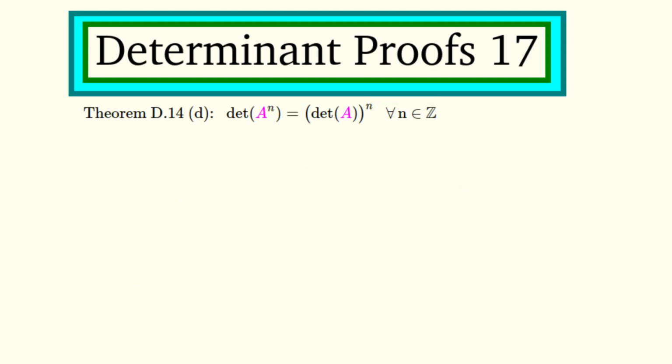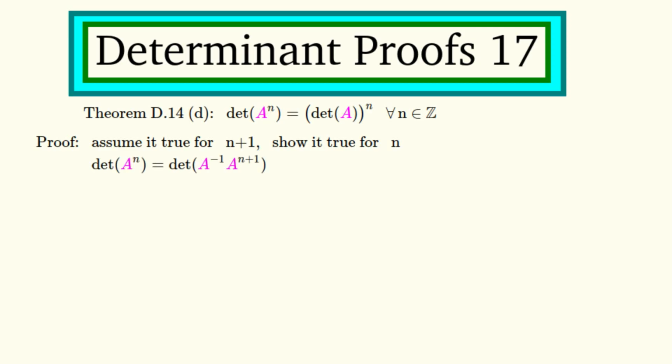Now to prove part D, that this power rule is true for all integers. In fact, we only need to prove this by induction in the reverse direction, which we can do now because we've proven it true for n is equal to minus 1. We'll assume it true for n plus 1, and then show it true for n. We'll start with the left-hand side and expand out the expression inside the determinant, using rules of exponentiation.